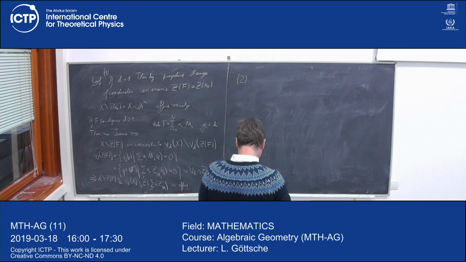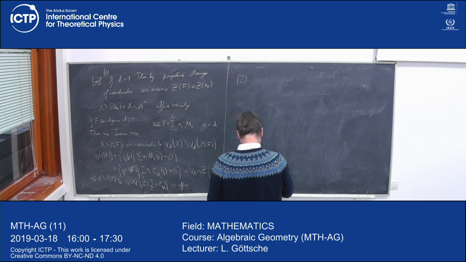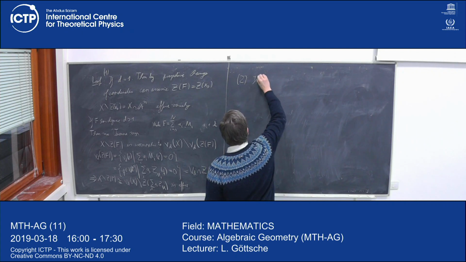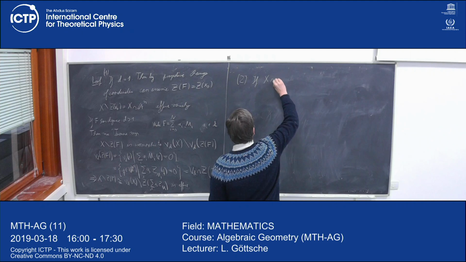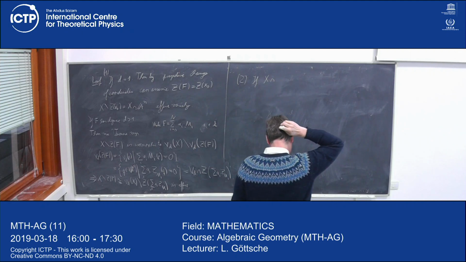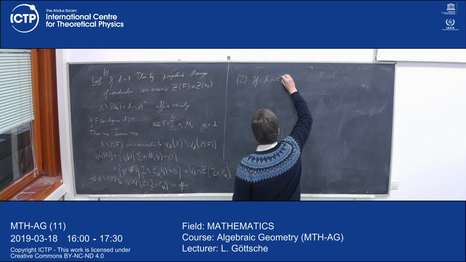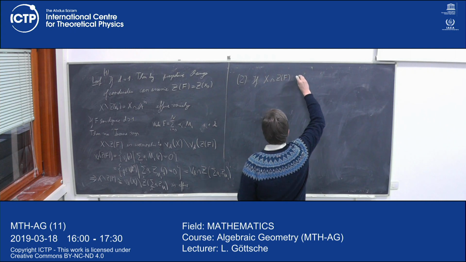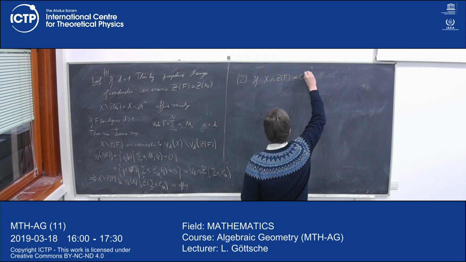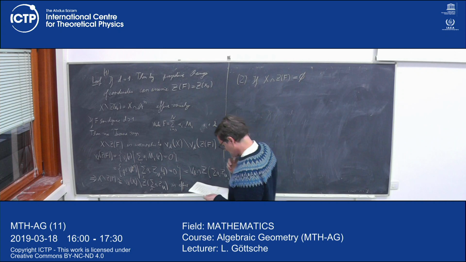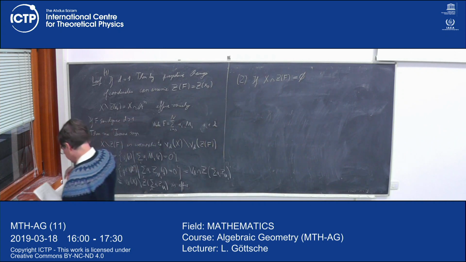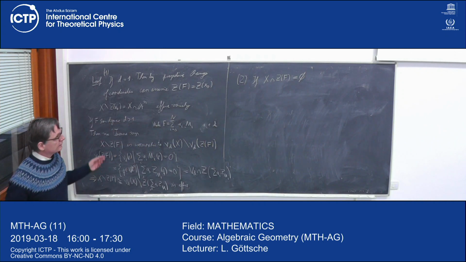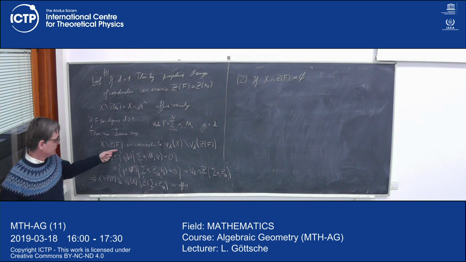Now I wiped it out, but I have remembered it. So if x intersected the zero set of f is empty, then x is equal to x minus the zero set of f.